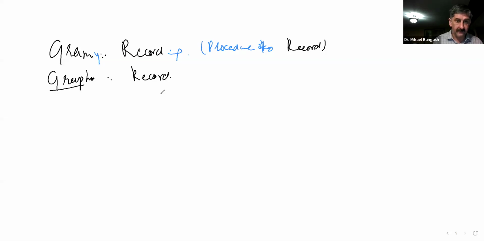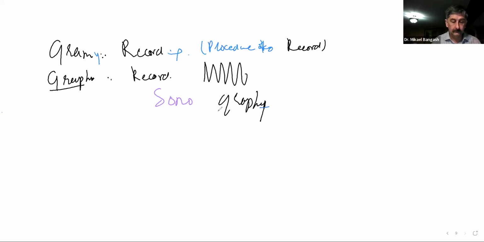But usually when we say graph, it is either something that goes like this, like a regular graph, or what you may have heard of, sonography. So here the word graph means recording, like a graph like this, or even an image.